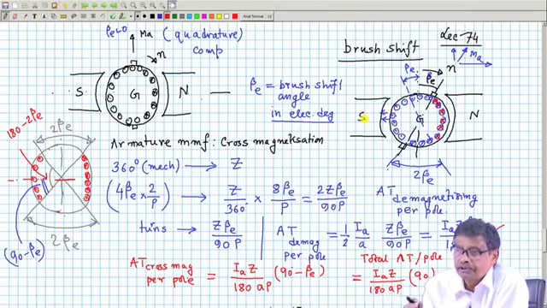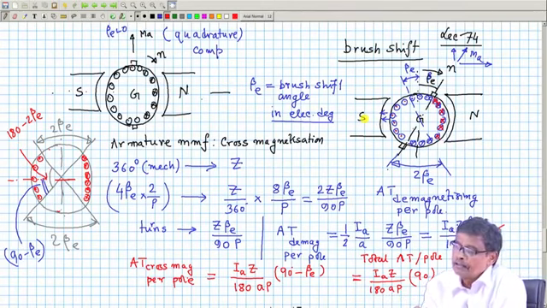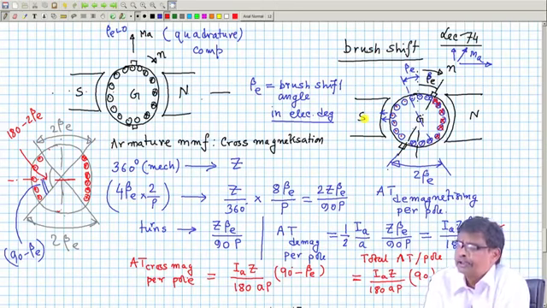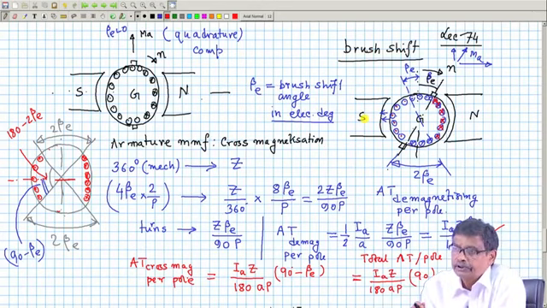Do not give brush shift to a large amount. And also note that this brush shift angle for generator is to be given along the direction of rotation.